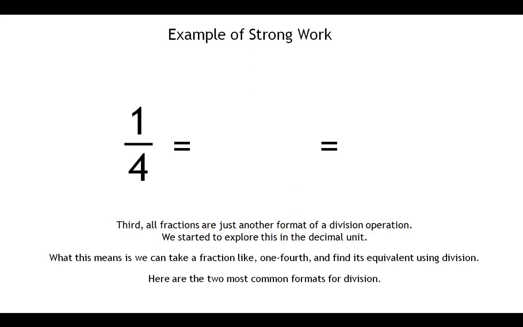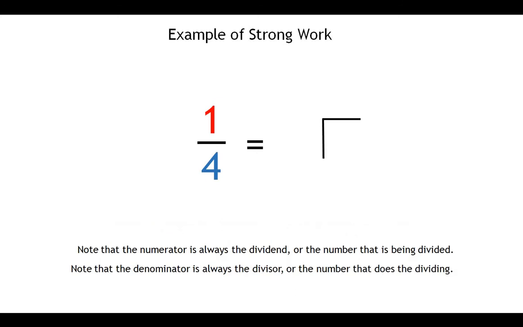Here are the two most common formats for division. Note that the numerator is always the dividend, or the number that is being divided. Note that the denominator is always the divisor, or the number that does the dividing.